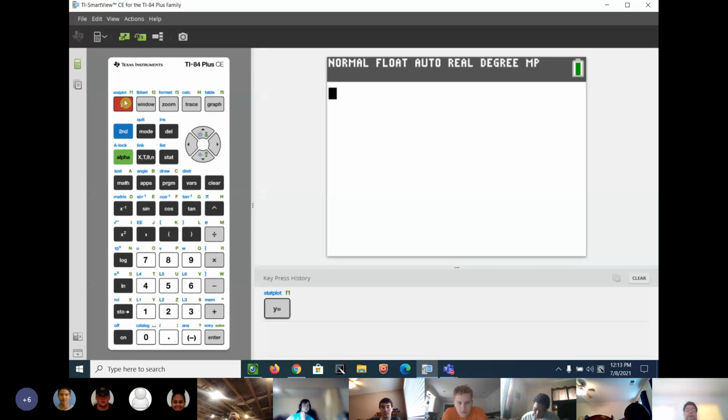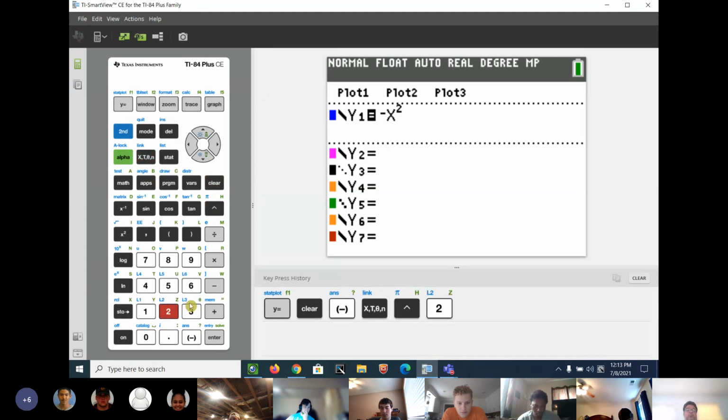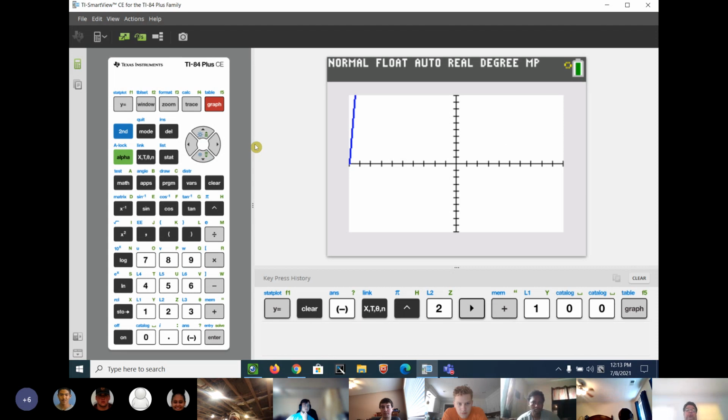Y equals negative x squared plus 100. And graph. I really don't care about the graph because we already did it, but you can do zoom standard, that usually takes care of it, or zoom fit. There we go.